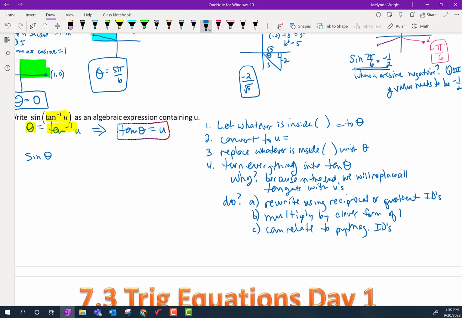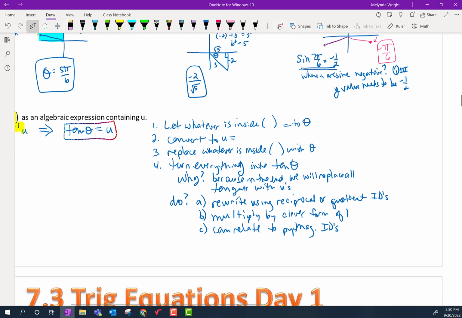We do need to write out the Pythagorean identities. Perhaps I'll write them over here. Okay, so we know sine squared plus cosine squared is 1. If I divide everything by sine squared, I get 1 plus cotangent squared equals, let's see, 1 over sine is cosecant squared.